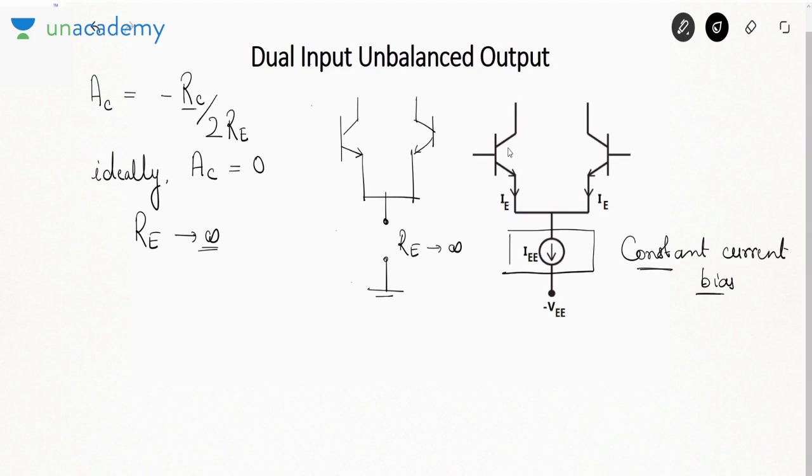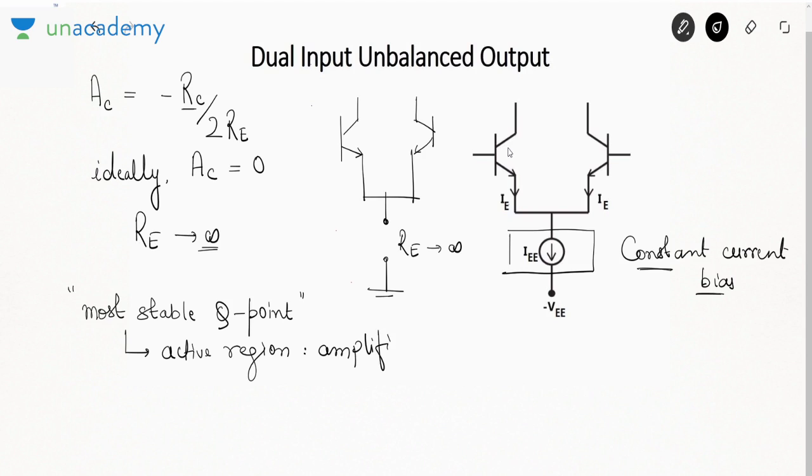Also one more thing, in constant current bias I told you it has the most stable Q point, right? Q point cannot change. That means it will always work in the active region, or it will always work as an amplifier. Now how can you implement this constant current bias?